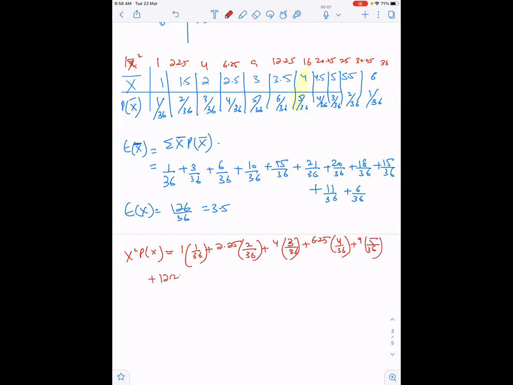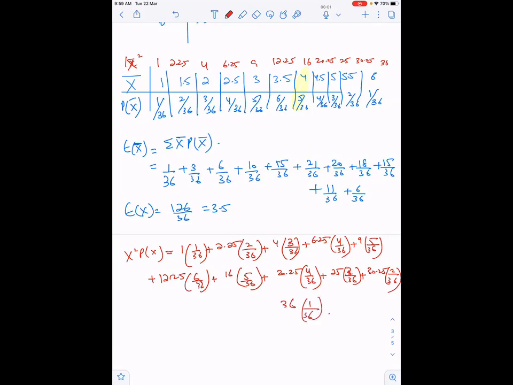Likewise, 12.25 into 6 upon 36. 16 into 5 upon 36. 20.25 into 4 upon 36. 25 into 2 upon 36. 30.25 into 2 upon 36. And then 36 into 1 upon 36.